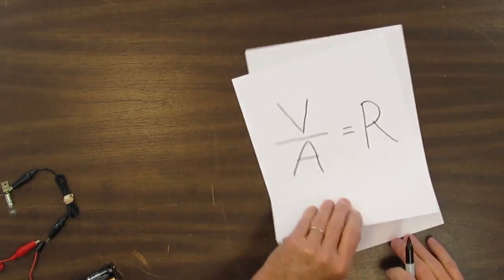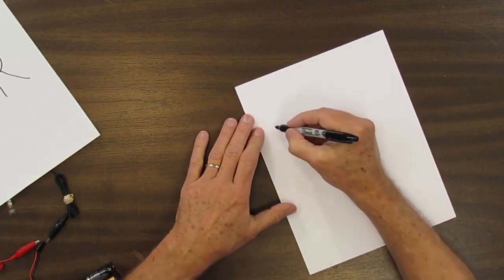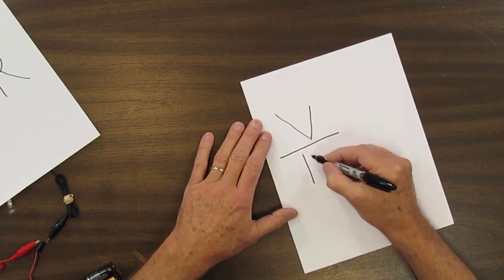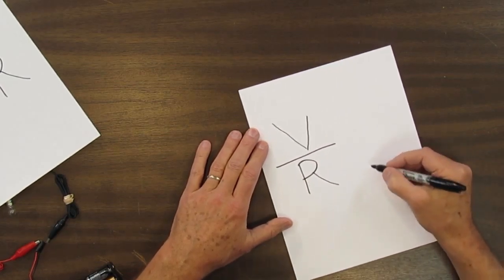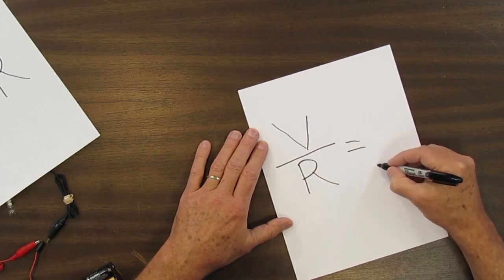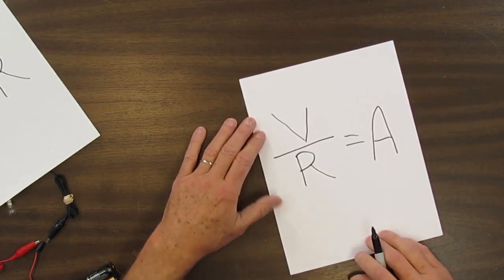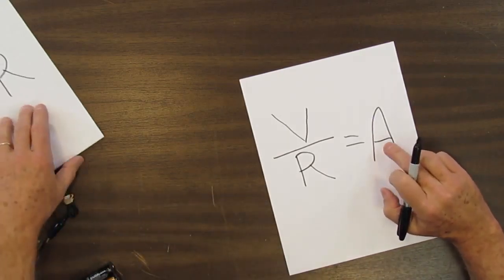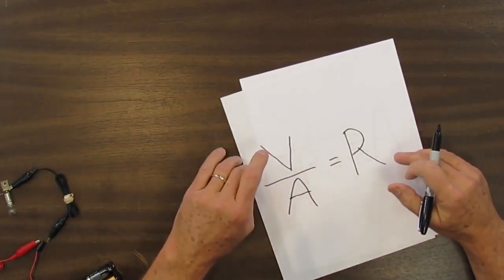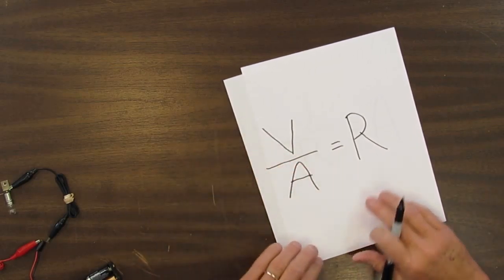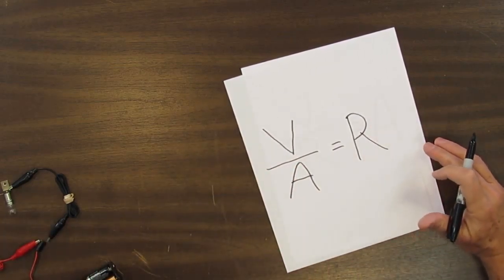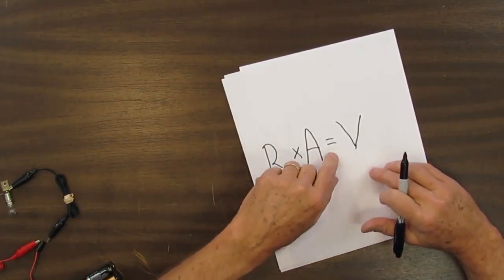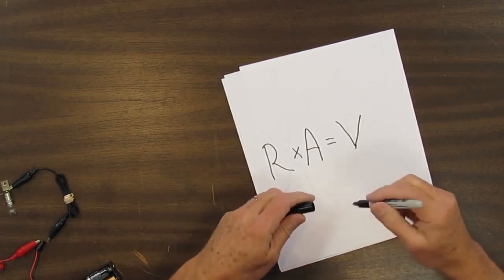And in a like manner, if we have the voltage measured and we measured the resistance, that is equal to the current. So the volts divided by the ohms is equal to the amps. The volts divided by the amps is equal to the ohms. And the ohms times the amps is equal to the volts.